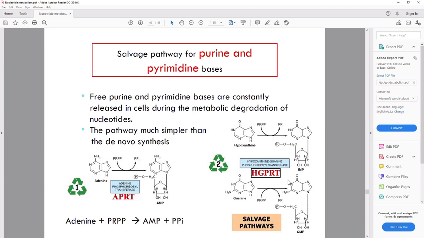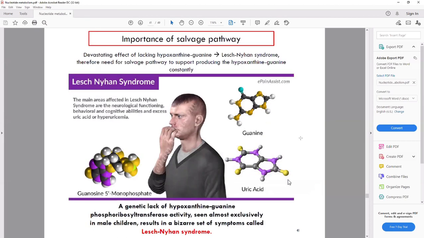One important enzyme involved in the salvage pathway for purine and pyrimidine is HGPRT, which is hypoxanthine guanine phosphoribosyl transferase. It is a very important enzyme that helps to catalyze the conversion of guanine and hypoxanthine to specific end products. Why is it important?